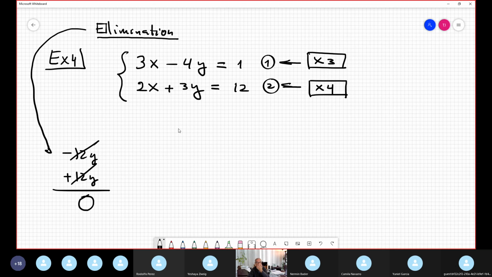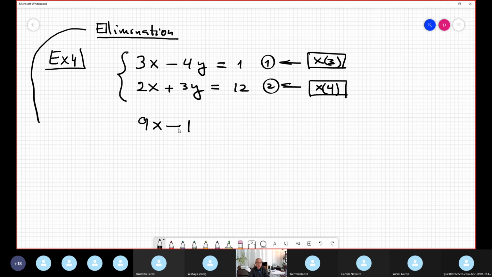Okay, this is the symbolic way that I create to denote this idea. So when you are doing the multiplication, let's do it. You have 9x because 3 times 3 is 9, minus 12y equals 3. Nice.